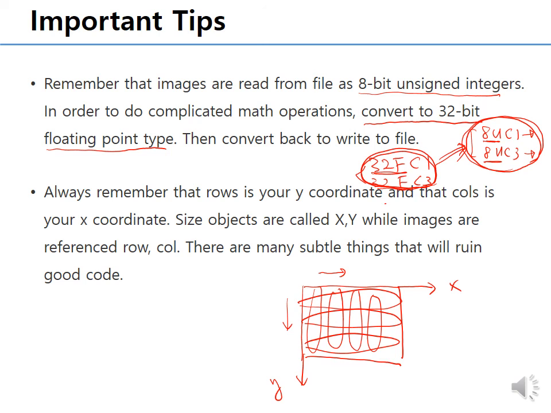Size objects are called x, y. So size is x, y. X is column, this is row. While images are referred to as row, column. This is the image coordinate.